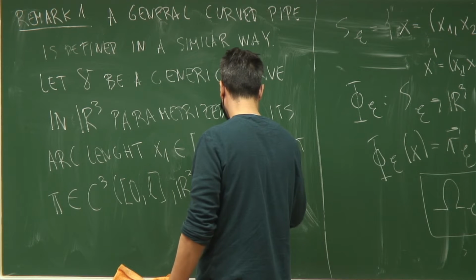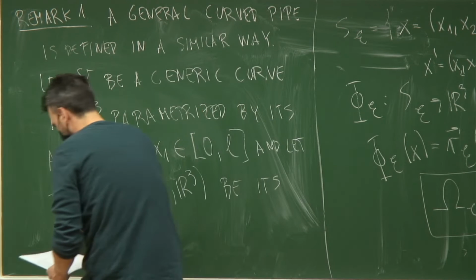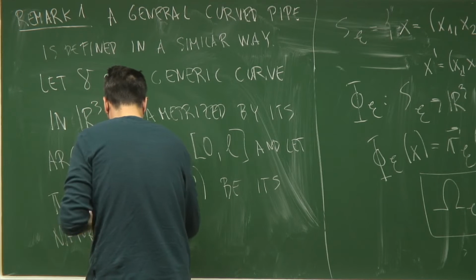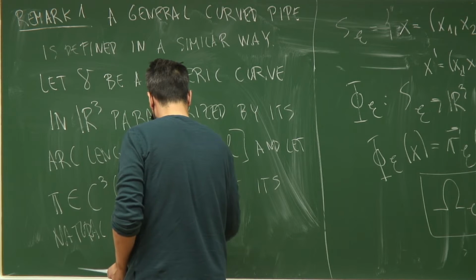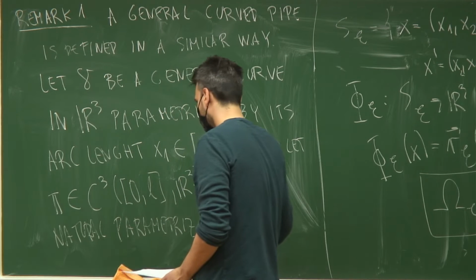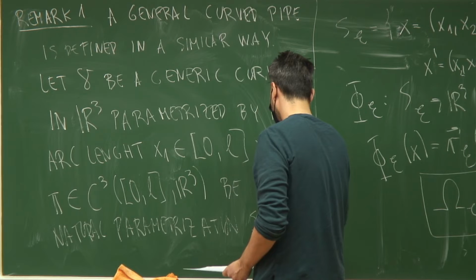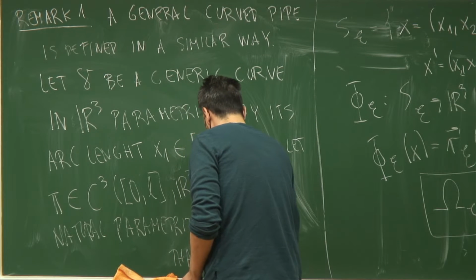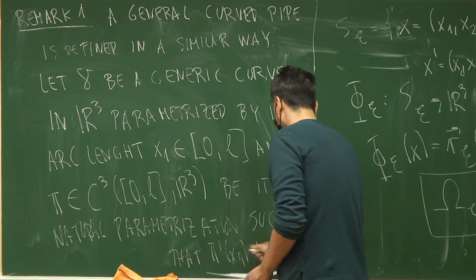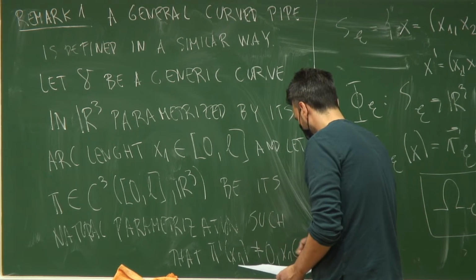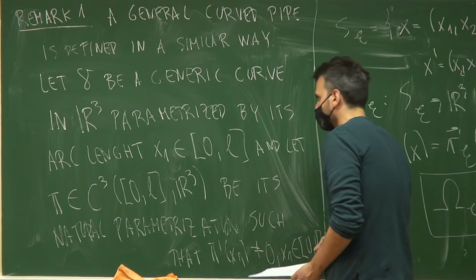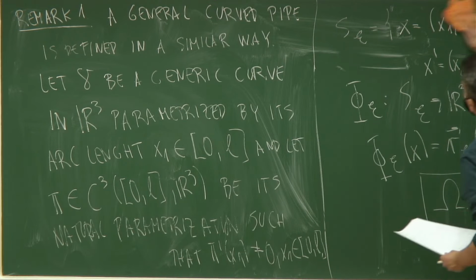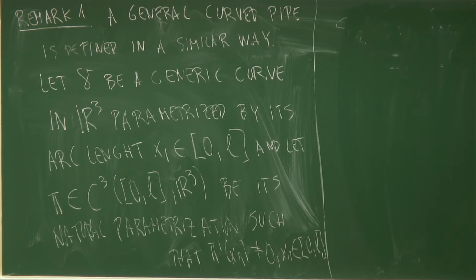So let this be its natural parameterization, of course, such that its derivative in each x1 is different than 0. Okay, so these are the basic terms, and what you do now is the following.